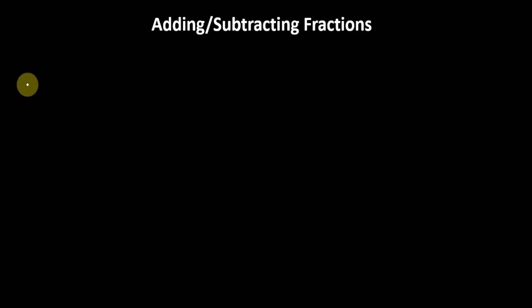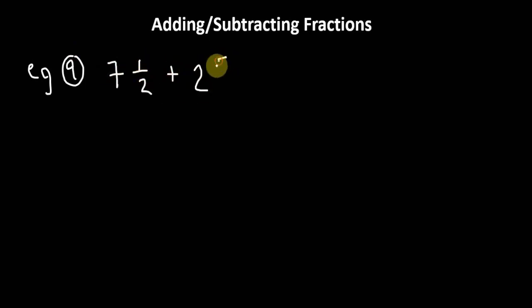Now let us look at example 9. Now what if we had 7/5 plus 2 and 5/6? How would we treat a problem like this one? Again, the advice is once we have any mixed fraction involved in the problem, it always helps to convert those mixed fractions to improper fractions.